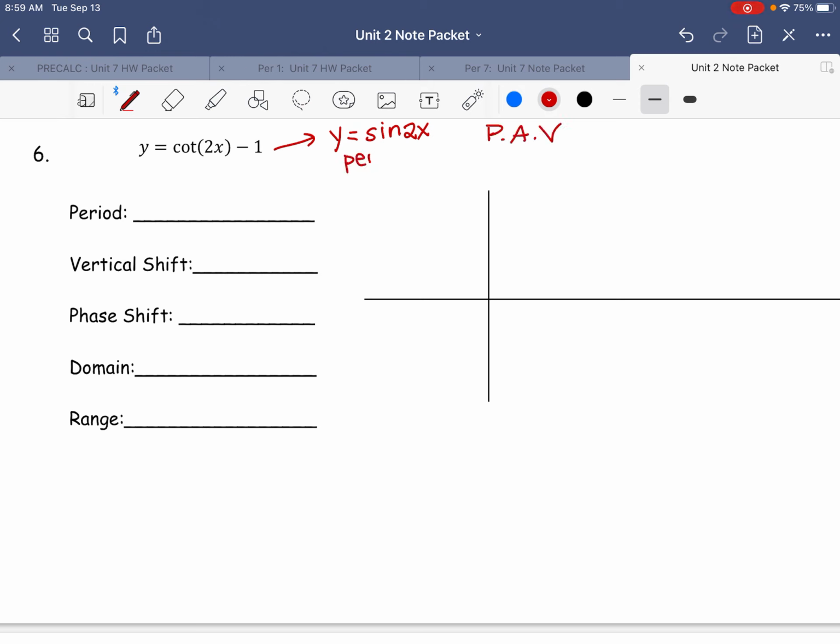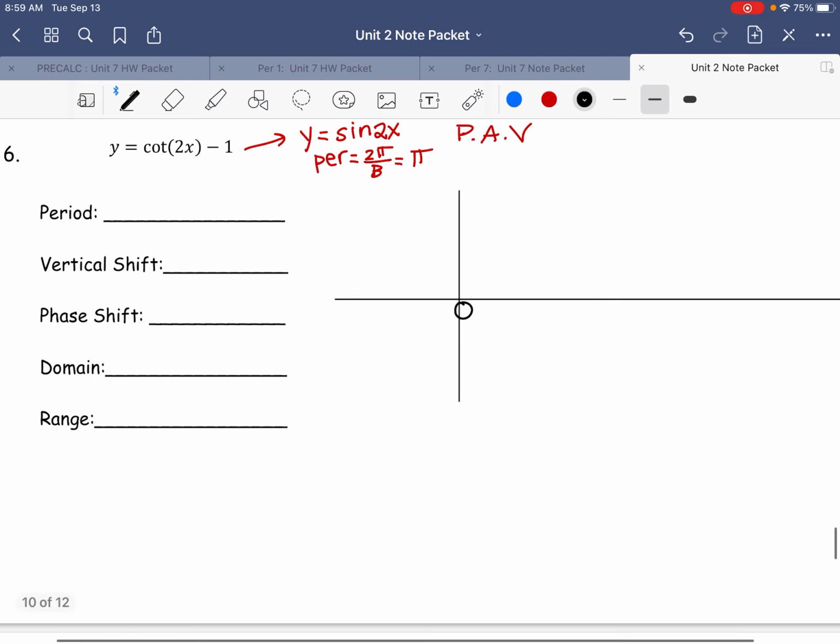The period for this sine graph is 2 pi over b, or just pi. Set up that x-axis. We're going to go out to 2 pi, but since that's not the period, we are going to break it into b sections. So we're going to break it up into 2 sections.